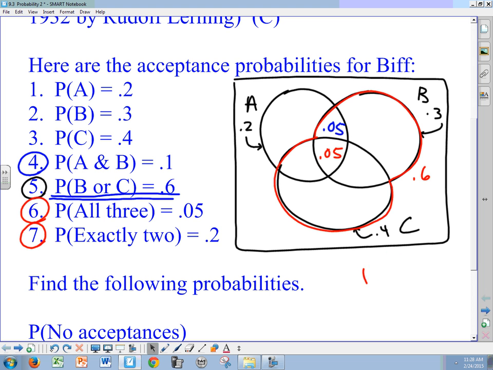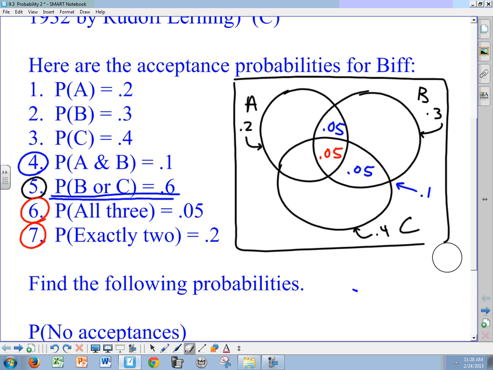So in order for this to total 0.7, we must have a 0.05 here as well. That entire football has to be 0.1 because the overlap between the 0.4 and the 0.3 is 0.1. So 0.7, the total of the probability of B and the probability of C, minus the overlap of 0.1, should equal the OR statement, 0.6. That's a little computation I did on the side.